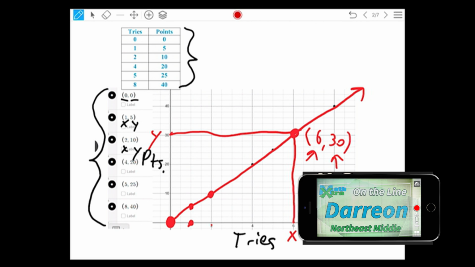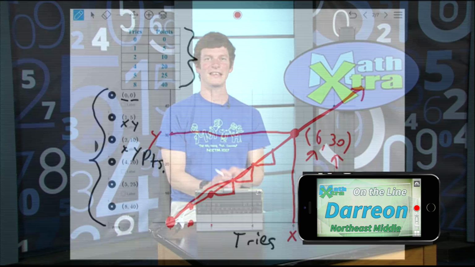Great job. So every time we go 1 right on the x, we go up 5 on the y. Right 1 on the x, up 5 on the y. That line is increasing by the same amount each time, so it's going to stay straight.